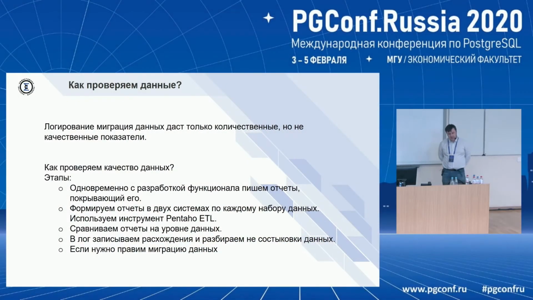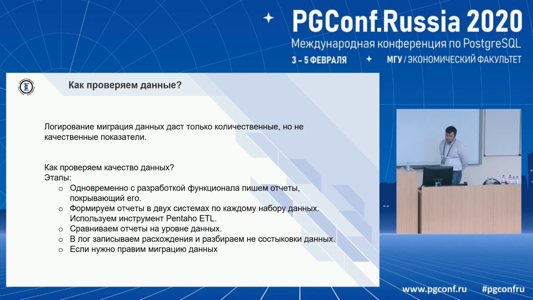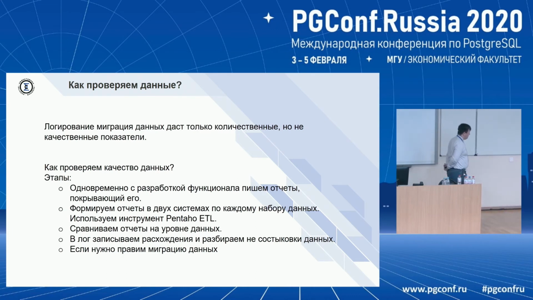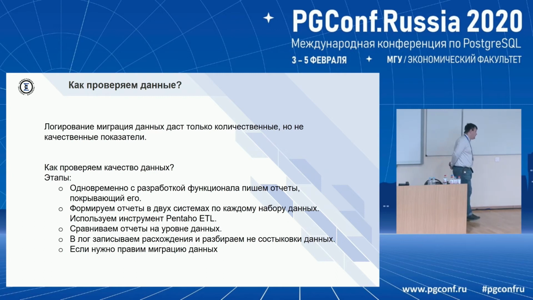At the same time, we are creating reports in our new system where we are migrating the data. We are creating this in Pentaho. We are creating a job that forms reports about all the data.